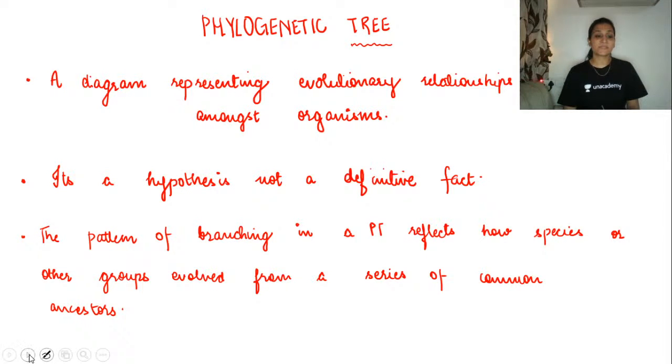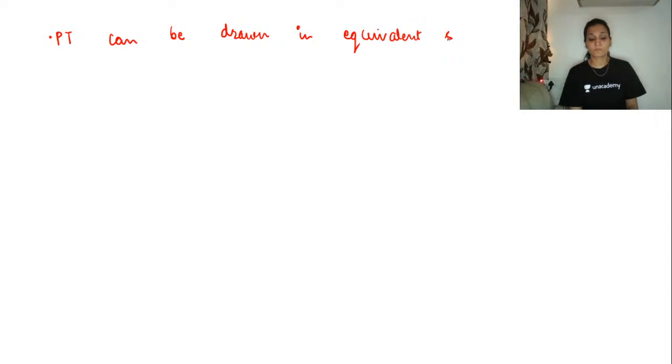Now what else? Is there anything else that can be done? Yes, a phylogenetic tree can be drawn in equivalent styles. What do we mean by this?